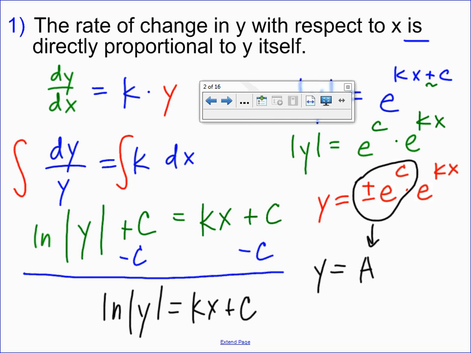We've got y alone on one side, and it's going to be given by a times e to the k times x. Not long ago, you saw a very similar equation, A equals P times e to the rt, right?